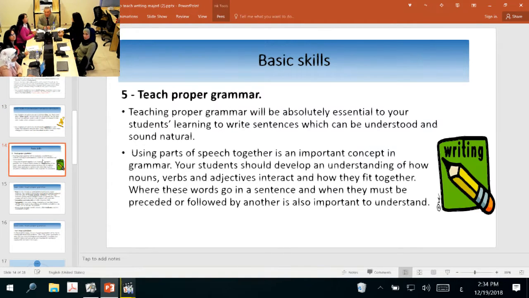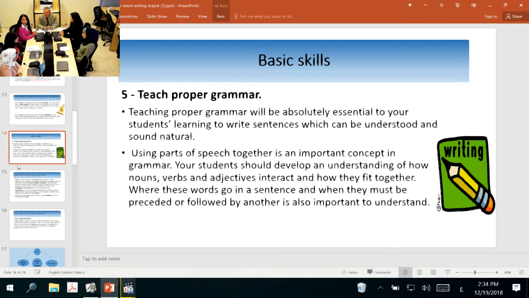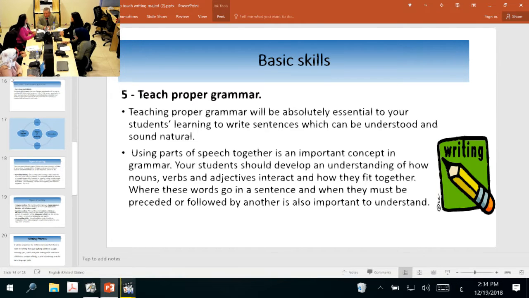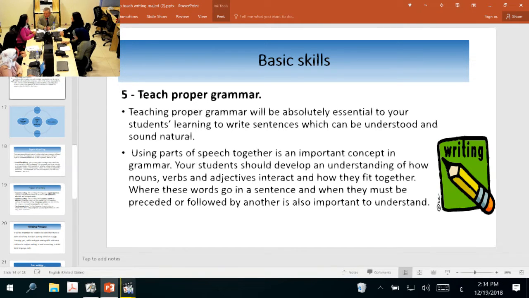Huda's turn, please. Teach proper grammar. So grammar is integrated in writing. We need to teach grammar while we are teaching writing. Exactly. Teaching proper grammar will be absolutely essential to your students learning to write sentences which can be understood and sound natural.